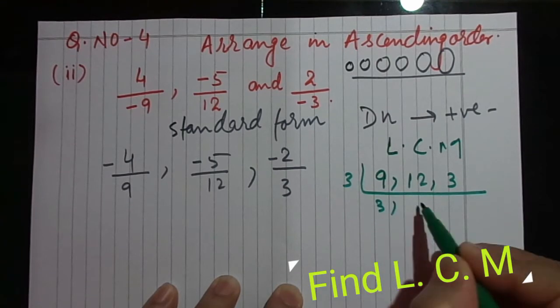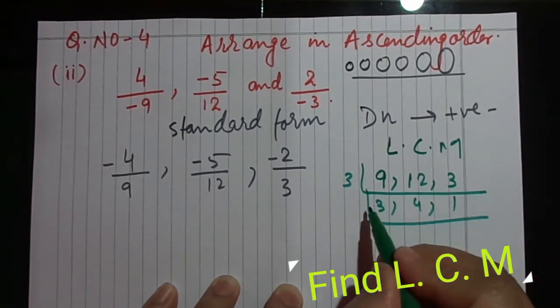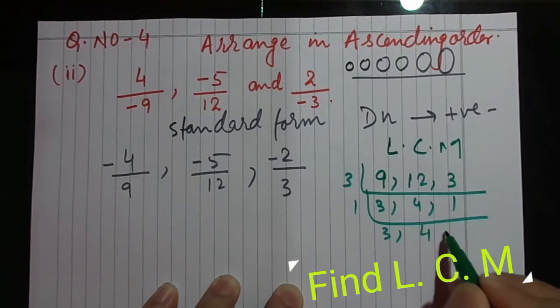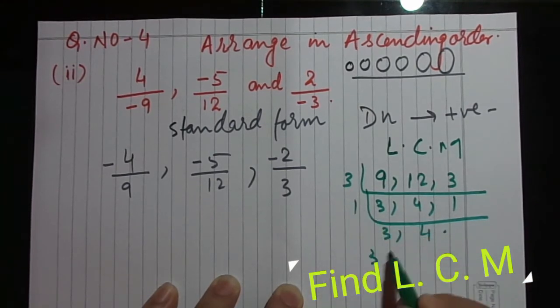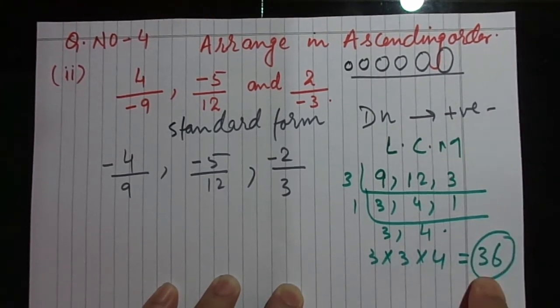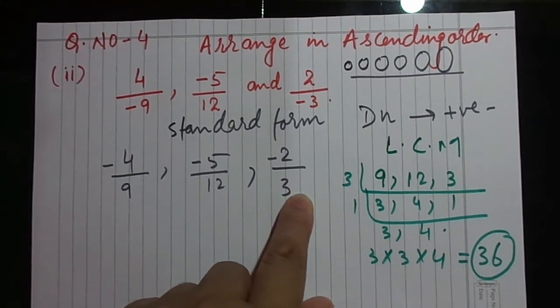3 times 4 times 1. Come on. So here you can write this as 1. 3 times 4. 3 into 3 into 4 is equal to 36, and you know that this 36 is divisible by each of the numbers.